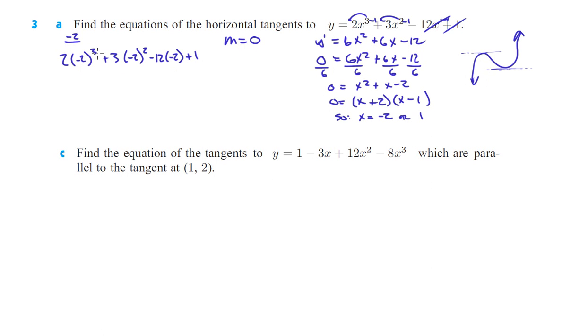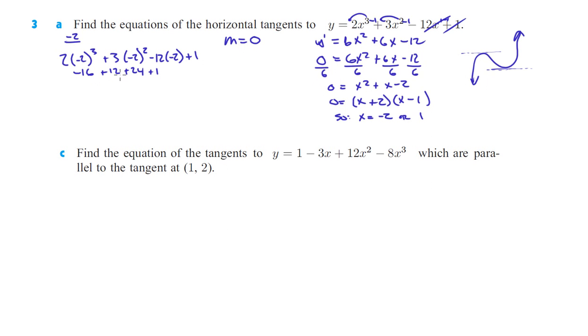So -2 cubed is -8 times 2 is -16. -2 times -2 is 4 times 3 is plus 12. And then -12 times -2 is plus 24. And then plus 1.